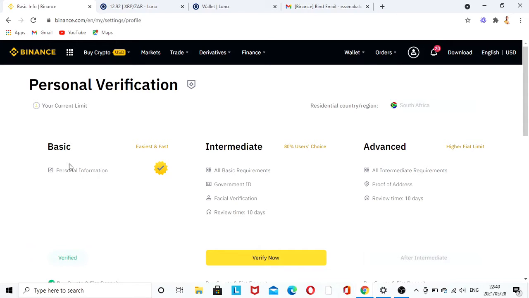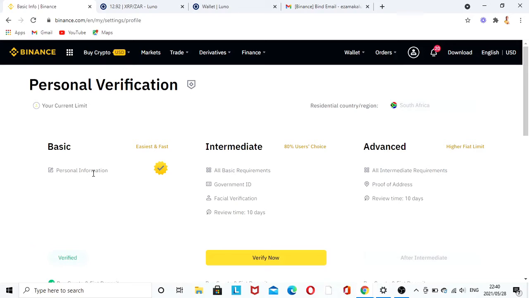So there is a basic, there's intermediate, and there's advanced, right? On the basic one, you just have to put in your personal information when you sign in.